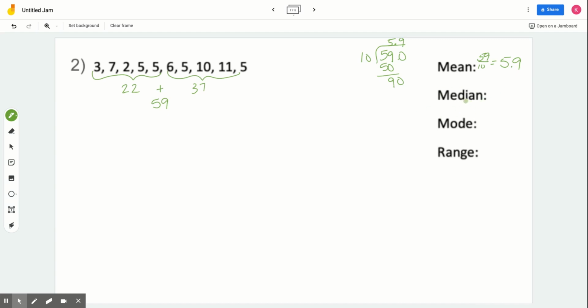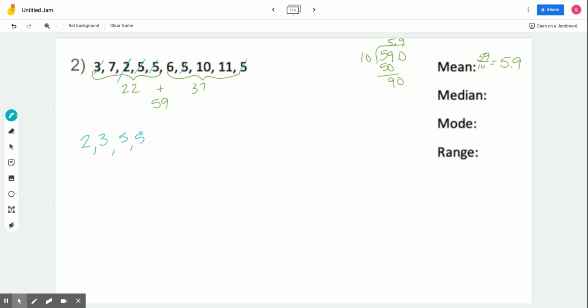Now, going back to the median, mode, and range, we have to put these data in order from least to greatest. So I'm going to start with my smallest number. Well, I don't have a 0 or a 1. I have a 2, a 3, no 4s. I have 1, 2, 3, 4 5s.